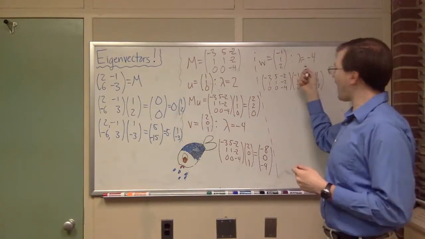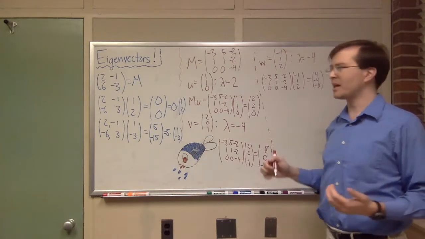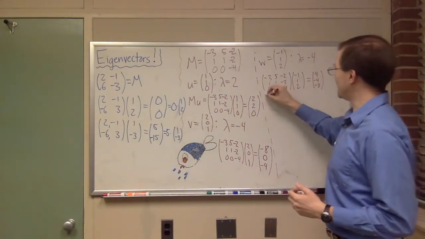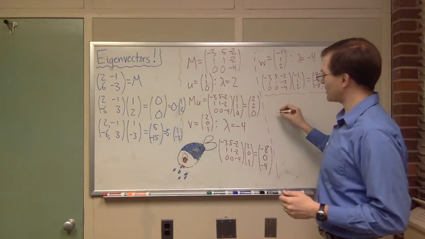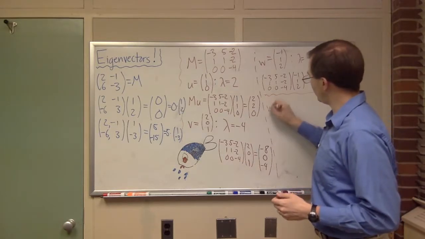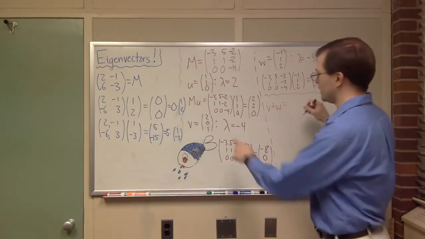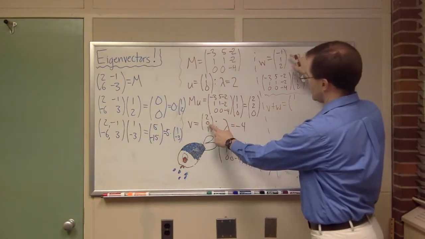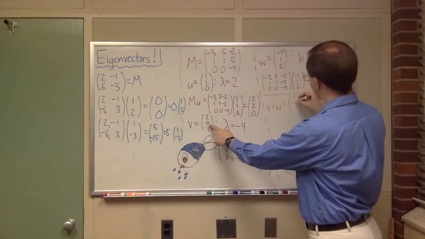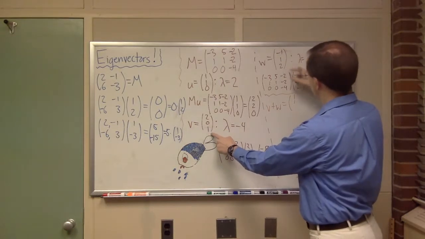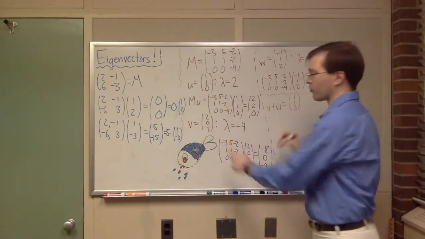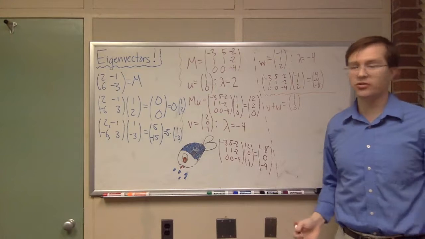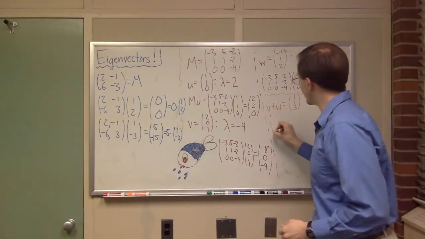They have the exact same eigenvalue, and what that means is that, for example, v plus w is, let's see, 2 minus 1 is 1, 0 plus 1 is 1, and 1 plus 2 is 3. 1, 1, 3 is v plus w. That's just adding those two together. Let me do a quick check here.